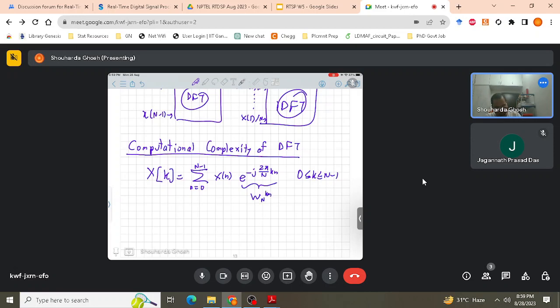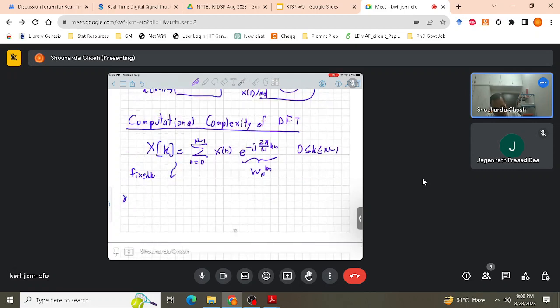If I expand this for a fixed k, see what is happening: x of 0 W n of 0 into k plus x of 1 W n of 1 into k, x of 2 W n of 2 into k, all the way till x of n minus 1 W n of n minus 1 times k.